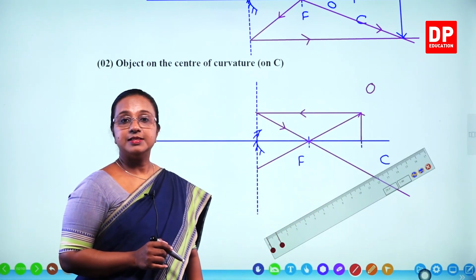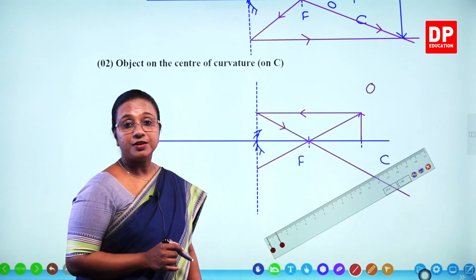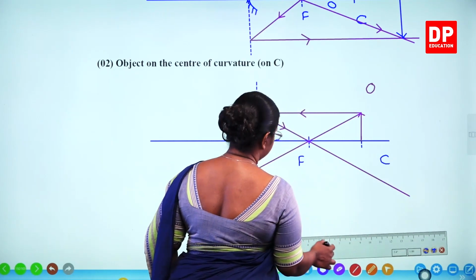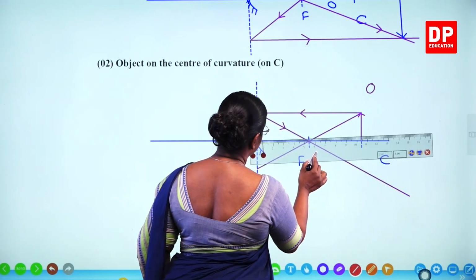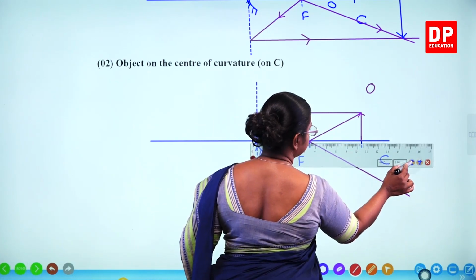So what is the way that ray is going to reflect? It has to reflect parallel to the principal axis. So this has to reflect parallel to the principal axis.